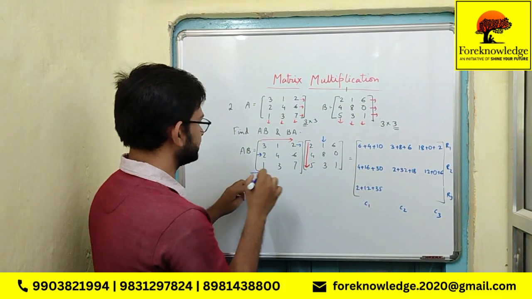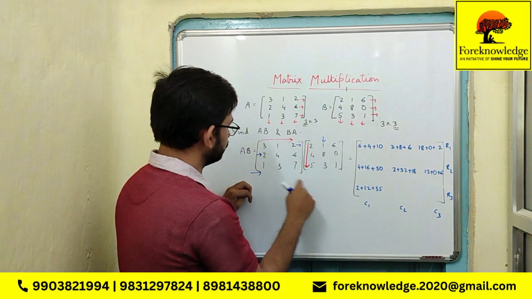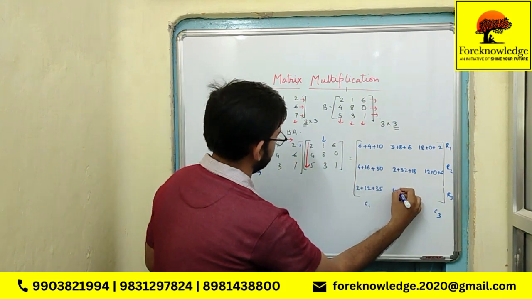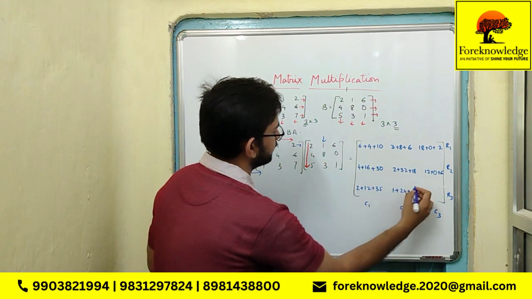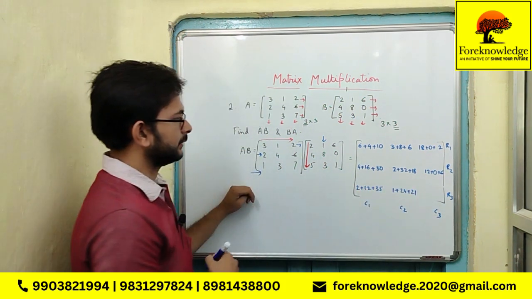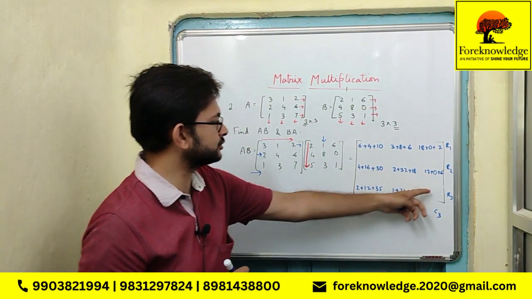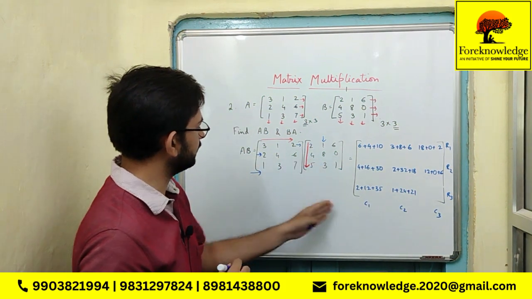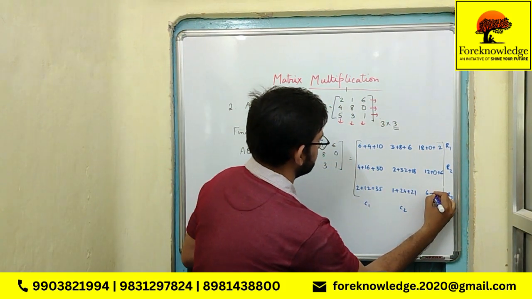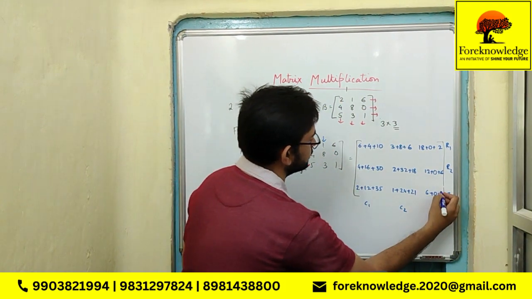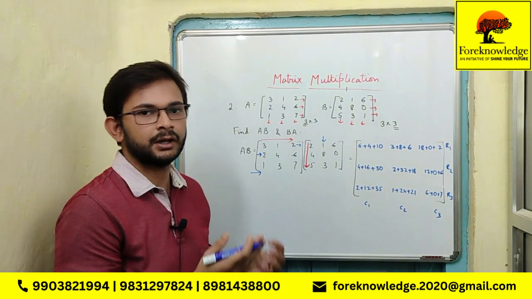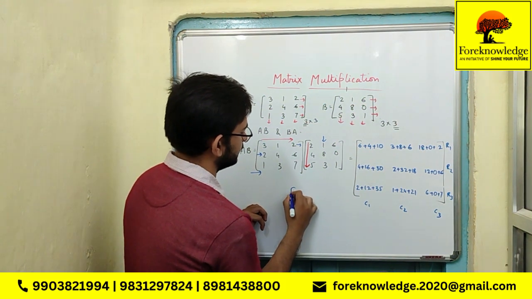Next, row 3, column 2: 1 into 1, 1, plus 3 into 8, 24, plus 3 into 7, 21. And the last one, row 3, column 3: 1 into 6, 6, plus 3 into 0, 0, plus 7 into 1, 7. Now add them, get the result.